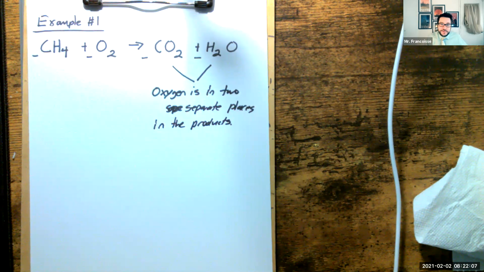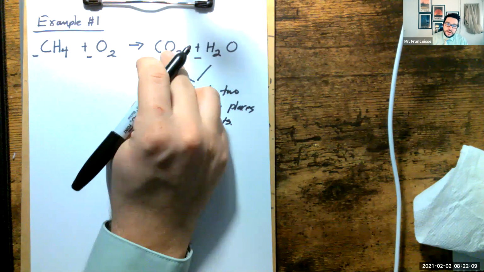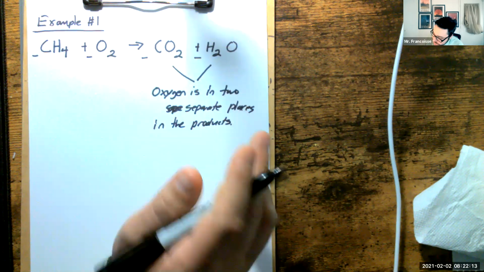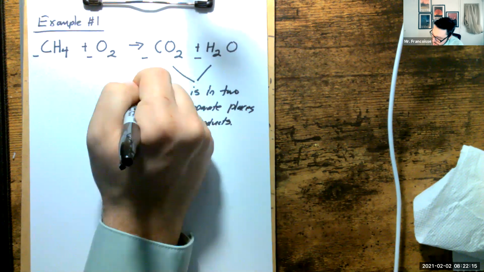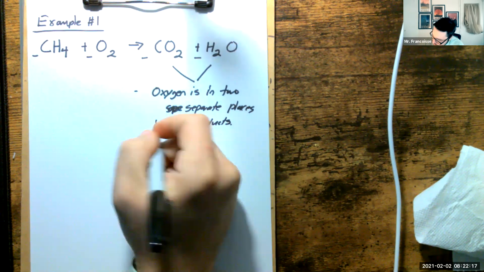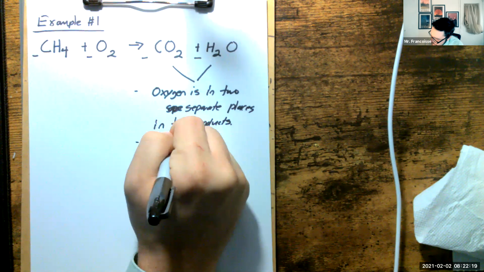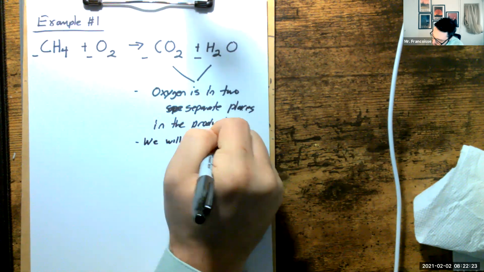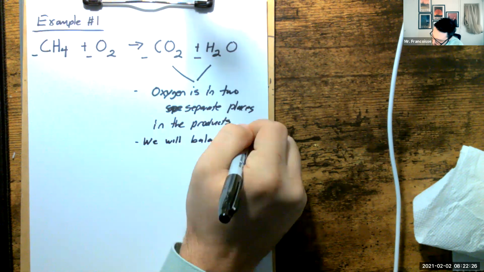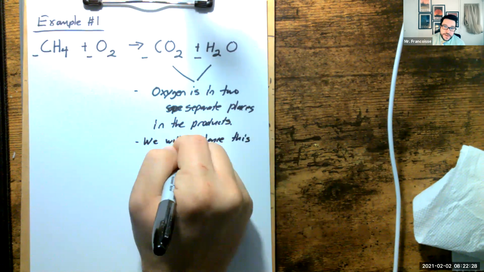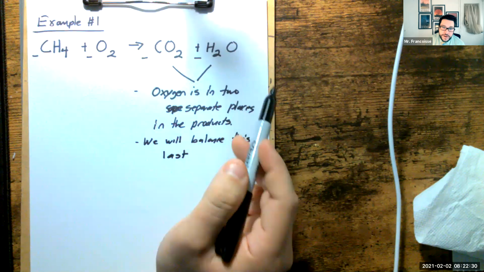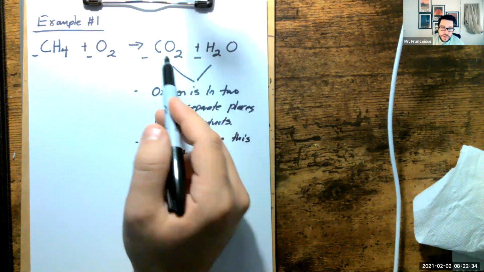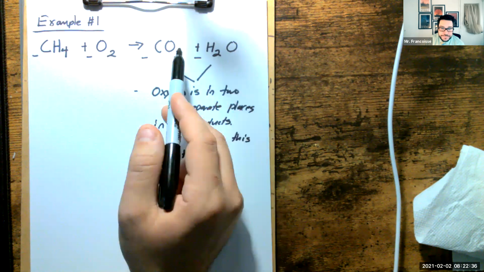So we have oxygen here and we have oxygen here. One trick is we can deal with this last. So if you have something where you have one element in different places, typically that's kind of harder to balance. So we're going to deal with this last.